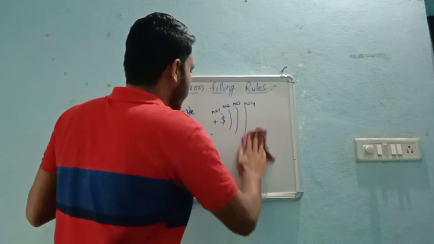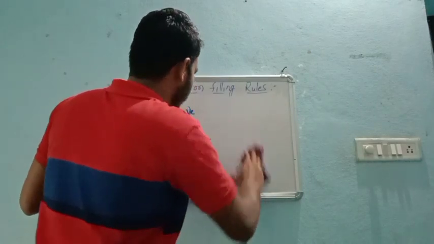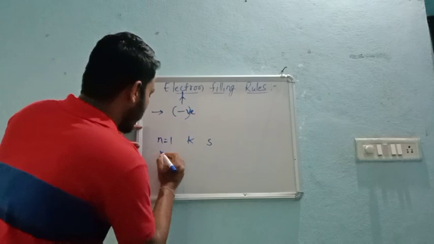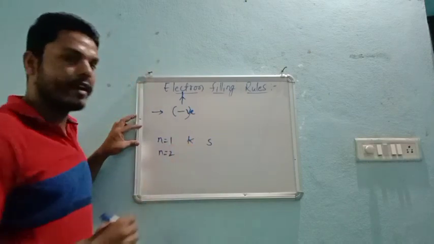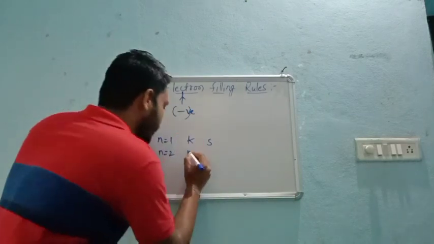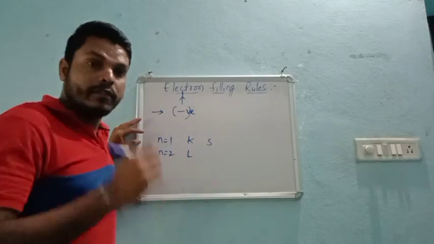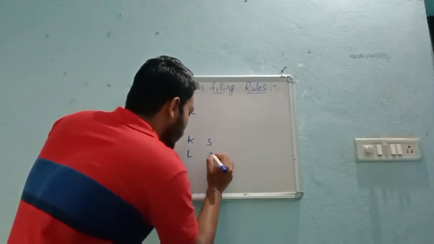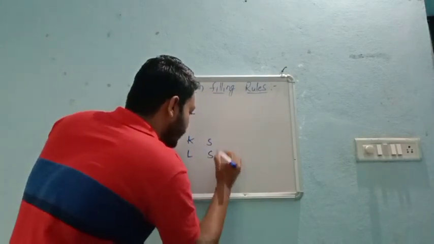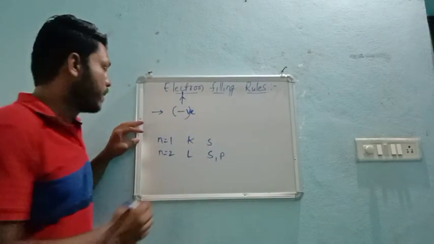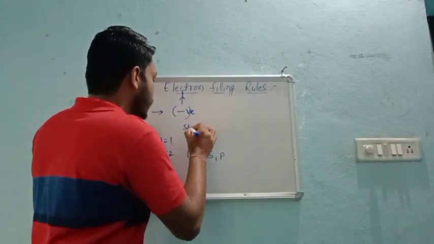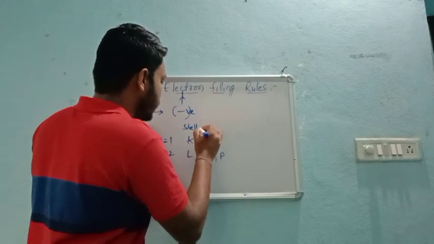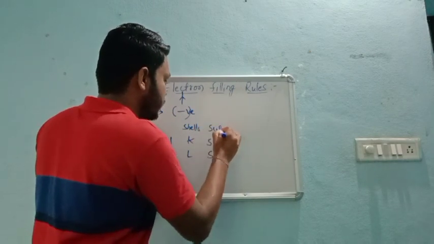In the same way, n equal to 2, the second energy level, is the L shell, and this L shell consists of two subshells, S and P. I will write again so it will be very clear: shells and subshells.